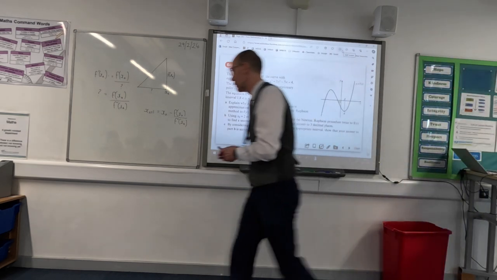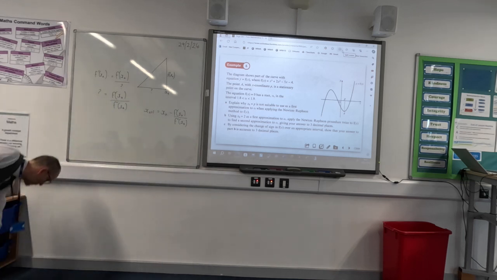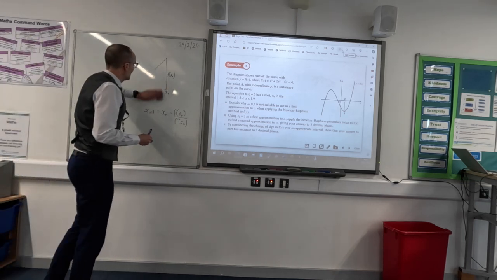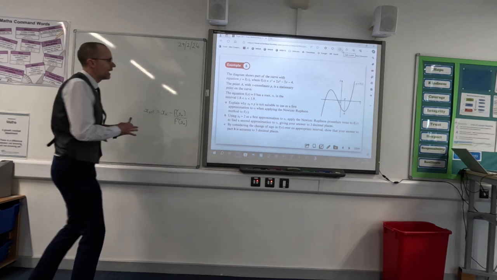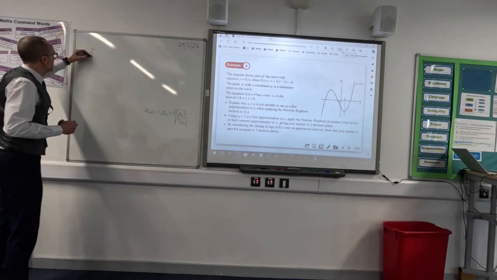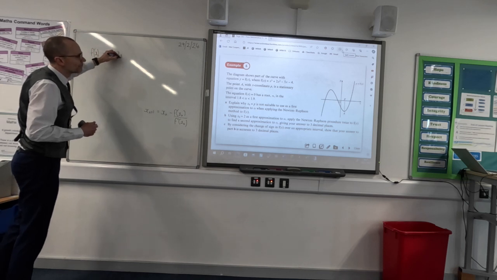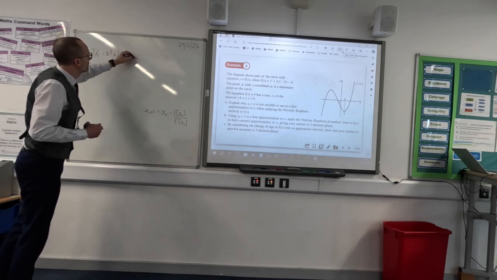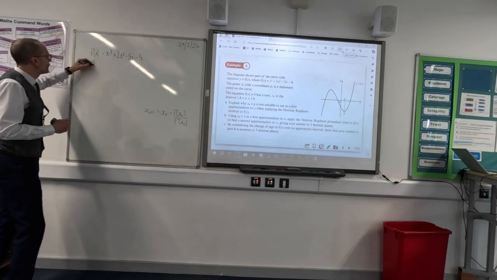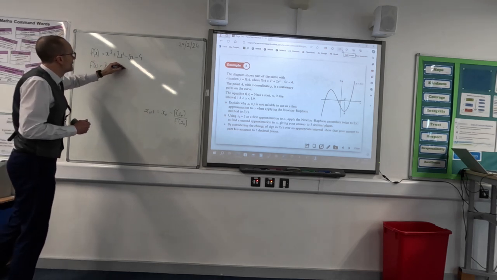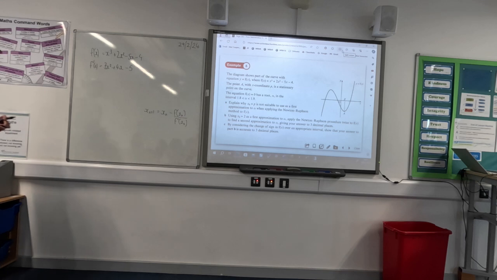My proposal in a question like this, because we're going to be doing a lot of f of x and a lot of f dash of x, is to write those two things down. My original function is this, and to differentiate that, you're familiar with that.